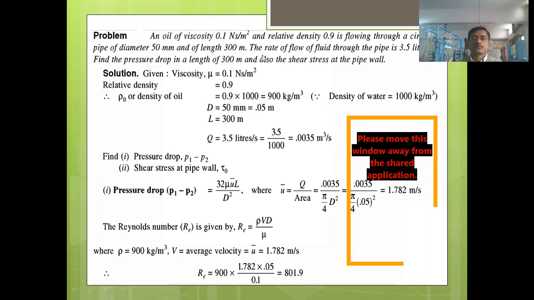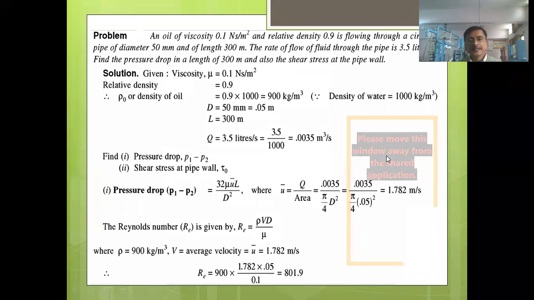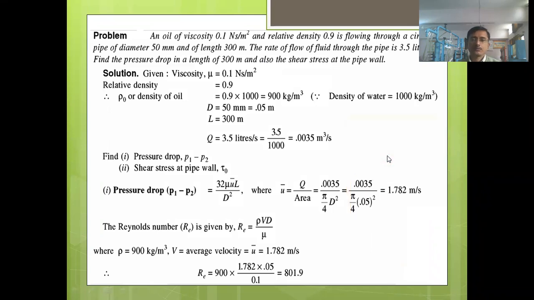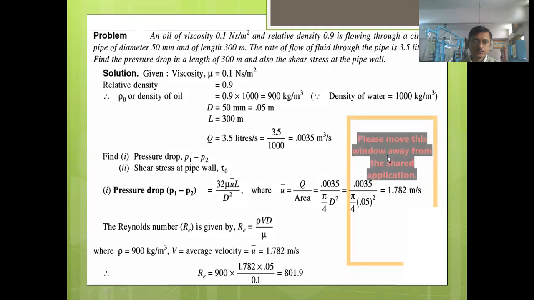28.513 Newton per meter square. Okay. Thirty-two into mu is 0.9 into U bar, what, 1.782 into L, the 300 length, divided by d square, which is 0.05 square.